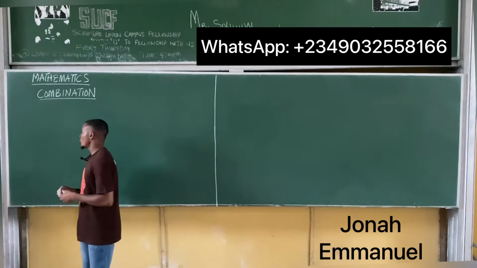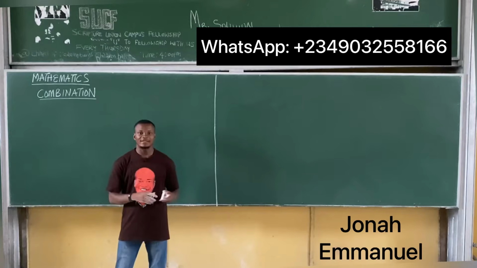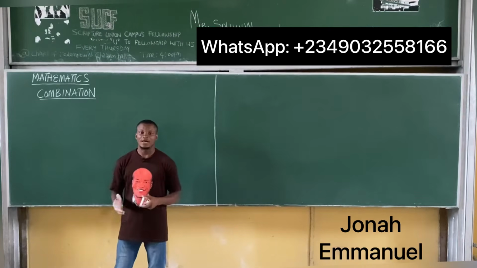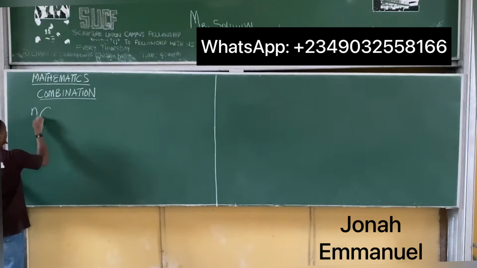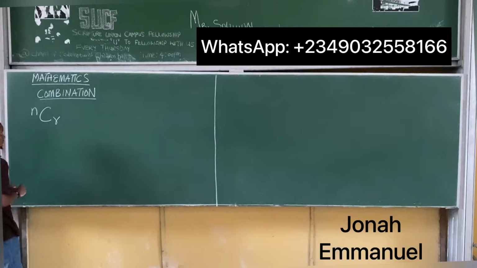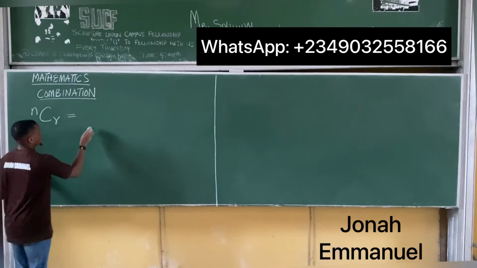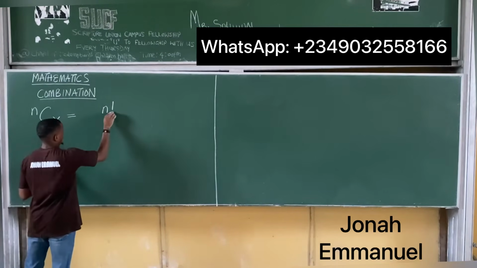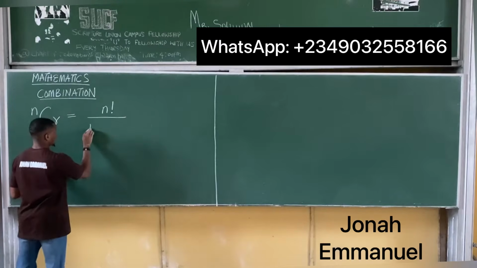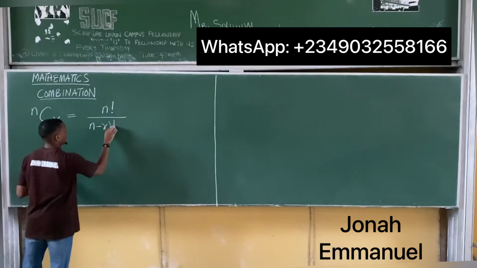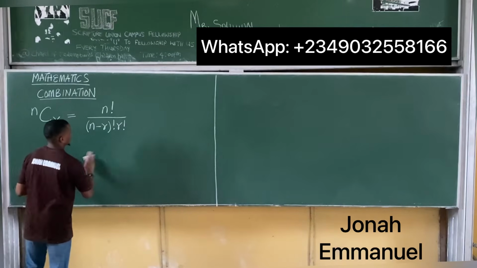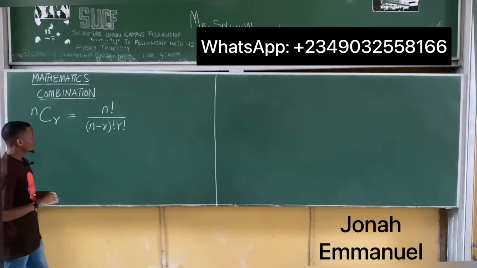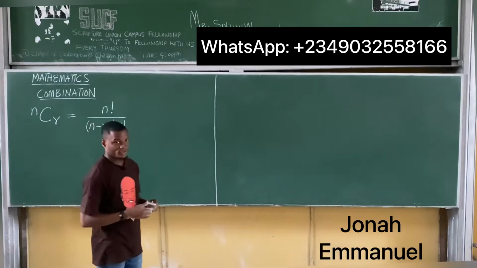The selection of n number of items taking r at a time is given by n combination r. And for combination, the numerical value is equal to n factorial all over n minus r factorial times r factorial. So this is how we express combination.